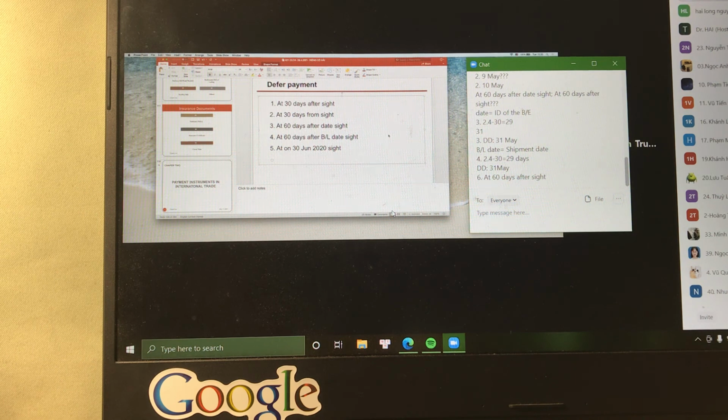The second reason is that the issuing date of the BE happens earlier than the sight time, right? Because you have to issue first, and then you send through post or courier, and then the BE arrives at the importer's bank, right? Yes. Yeah, okay, 2 reasons. So, very good.